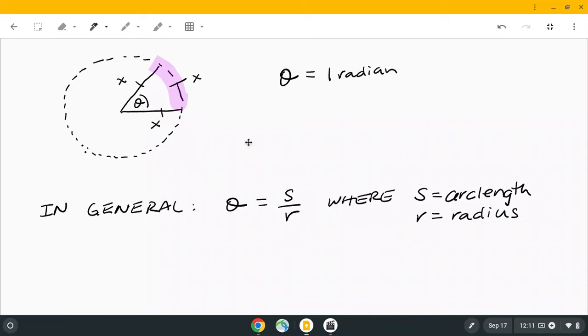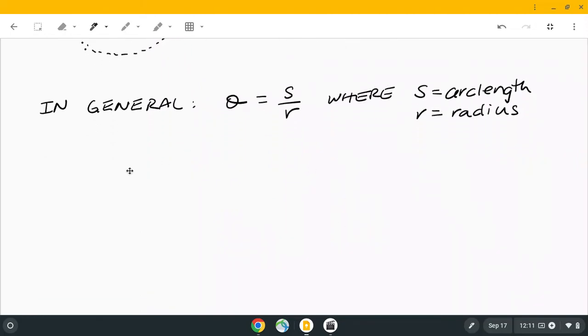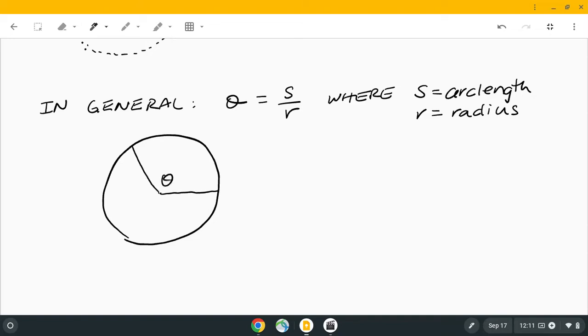Okay, so here, let me draw another picture. That's a terrible circle. That's a little bit better. Okay, so if you have this angle here, theta, this is the radius r, and this is the arc length s, then that's what they mean by theta is equal to the arc length over the radius.